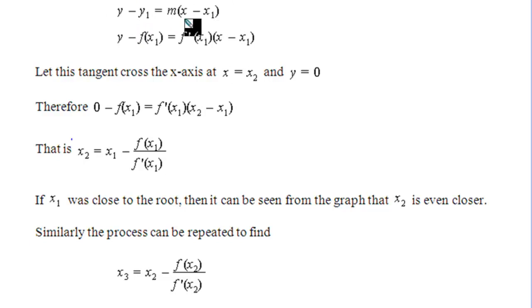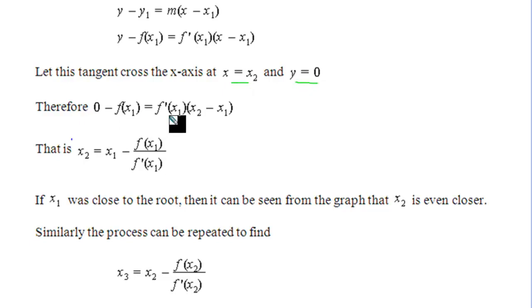So at x1, we get the point there, x1, and the y1 would be the function of x1, obviously, when we plug it into the curve, and the gradient of the curve would be the derivative at x1, so the derivative of the function at x1. So when we rearrange this and put in the new values, when x is equal to x2, that's where the new tangent crosses the x-axis, and obviously because it crosses the x-axis, y would be 0.